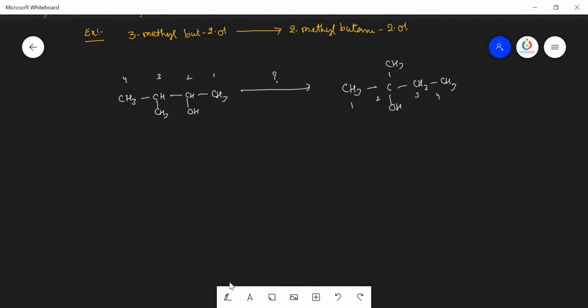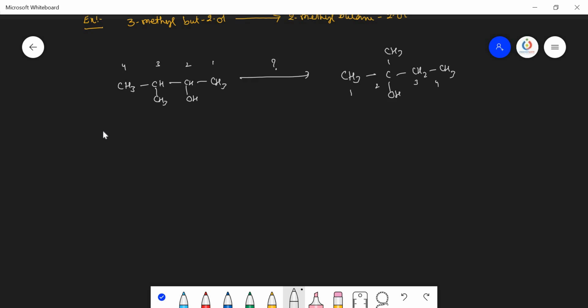Again, the same sequence. You need to follow the same sequence. CH3, CH3, CH, OH, CH3. Just use concentrated sulfuric acid. Then you will get the alkene. So hydrogen from here and OH from here, so a double bond shall be formed. Then HBr.